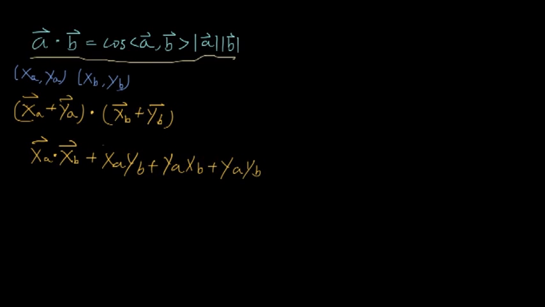YA XB, YA YB, with vector symbols on all of them. And don't forget they all have dot inside. They are not simply multiplying each other, since you can't really do that in vectors. So here is what vector A dot vector B means.